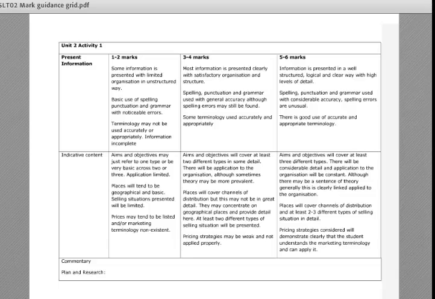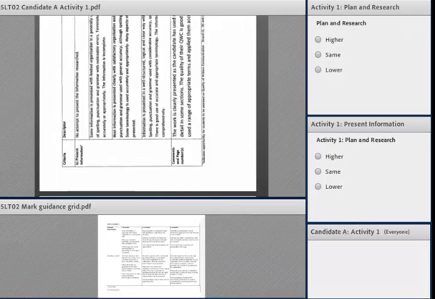Places would cover channels of distribution and at least 2 or 3 types of selling situation in detail, and pricing strategies considered will demonstrate clearly that the student understands the terminology and can apply it. So make use of this here to help you with your decision making as well.